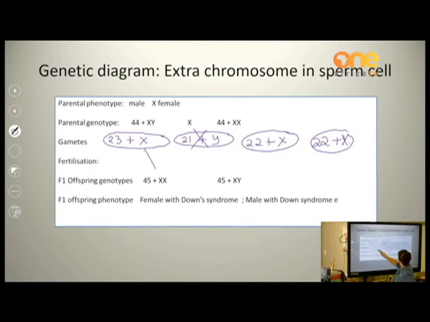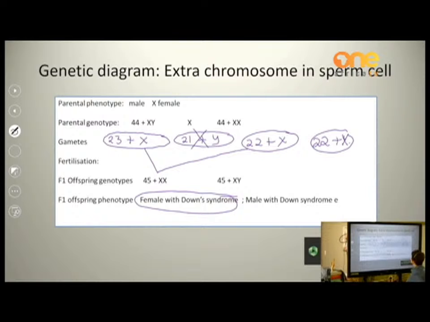If these two fertilize, I will have a female with Down syndrome. But I will not have a male with Down syndrome. There's no possibility to have a male with Down syndrome unless this 23 is now the one with the Y. You agree?